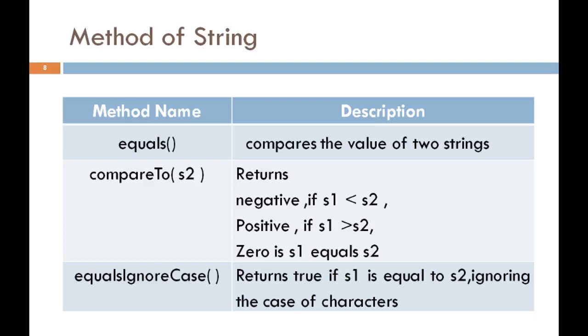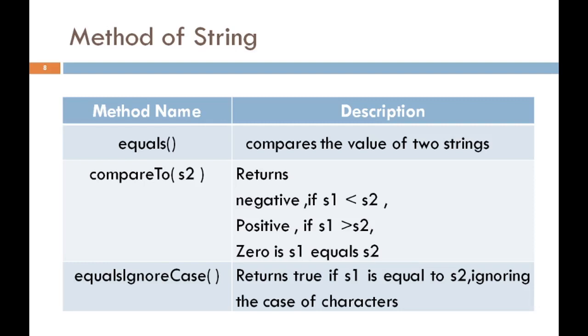If all the characters match, it returns true, else it returns false. But it is a case-sensitive method. That means if small letters and capital letters differ, it does not return true. It returns false, because capital letters and small letters are different.